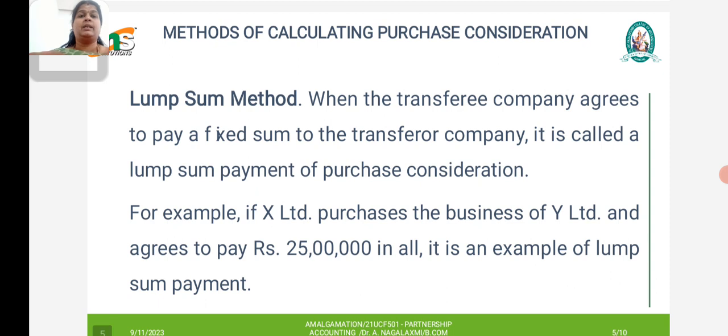The first method we are going to see is the lump sum method. When the transferee company agrees to pay a fixed sum to the transferor company, it is called lump sum payment of purchase consideration. For example, if X Limited purchases the business of Y Limited and agrees to pay rupees 25 lakhs in all, it is an example of the lump sum method.